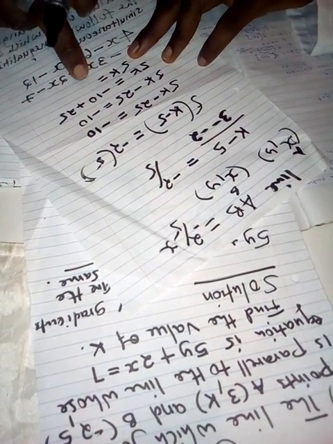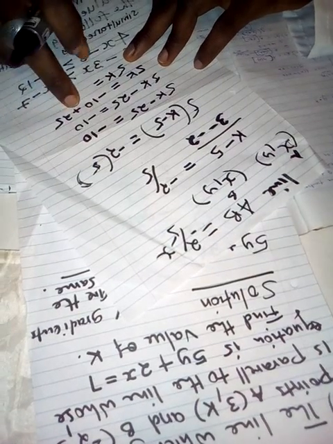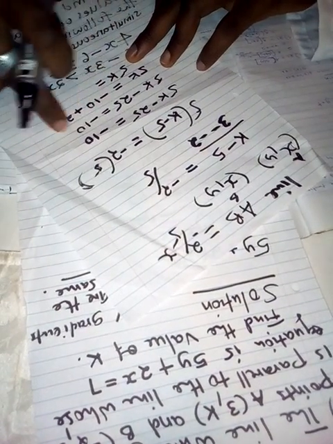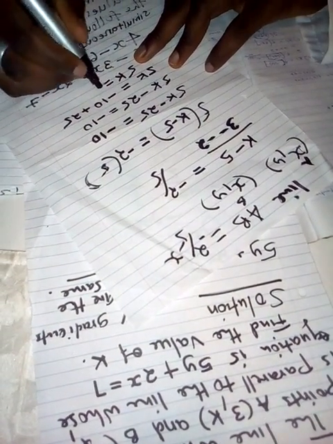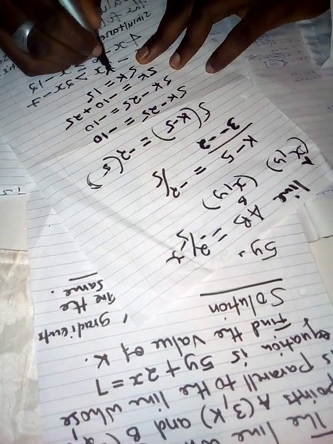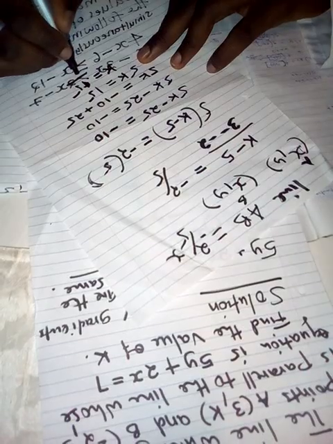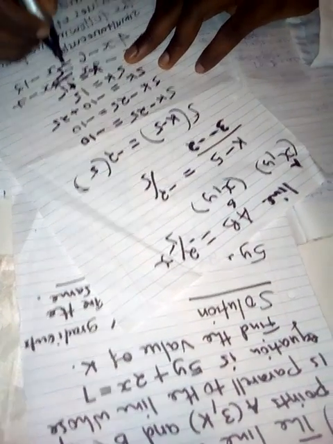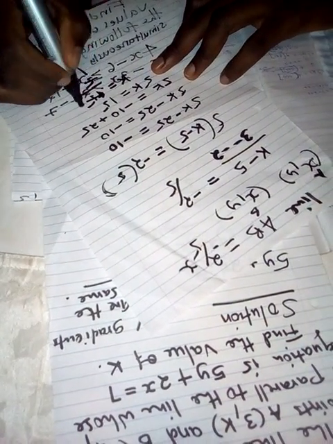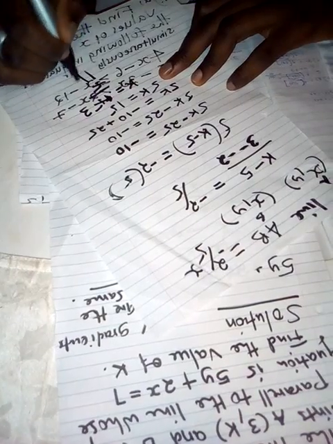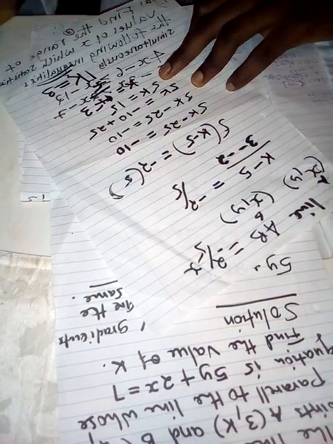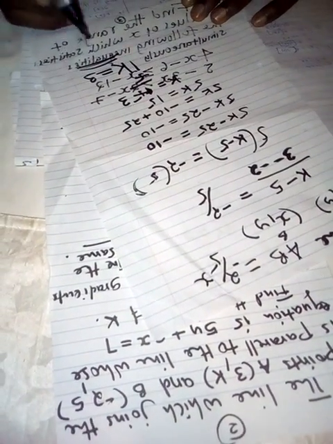On a number line, you start from negative 10 to 0 to 25. That gives you 15. So 5k is equal to 15, and 15 divided by 5 is 3. So the value of k should be 3.